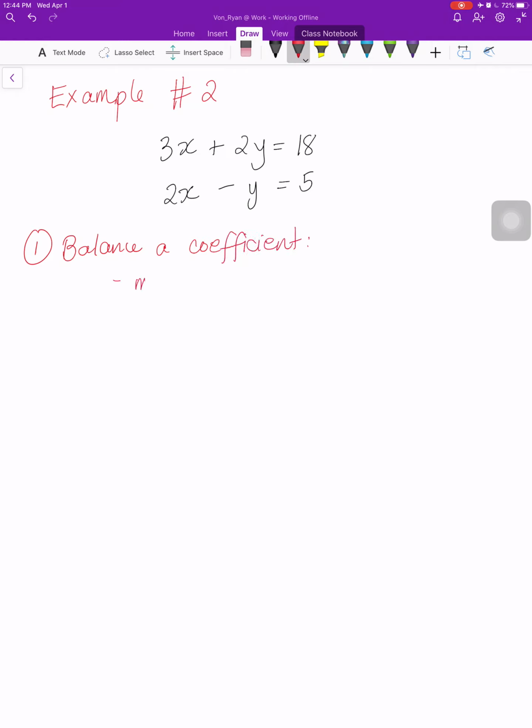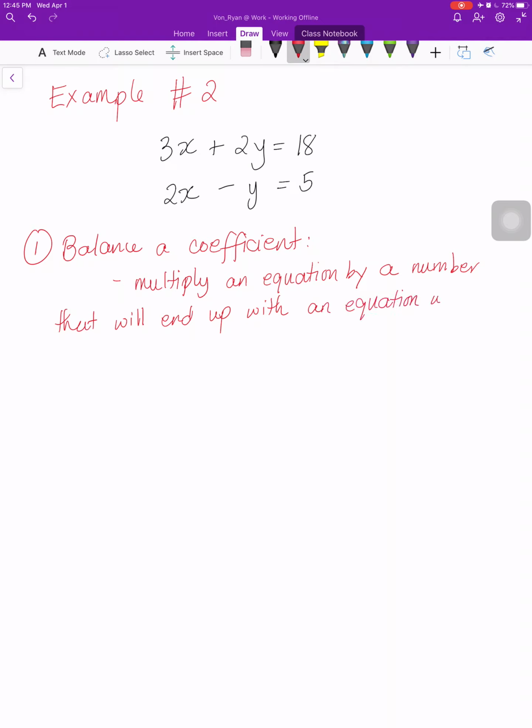That involves multiply an equation by a number that will end up with an equation with a similar coefficient. Again, feel free to pause the video so you can copy things from the screen.